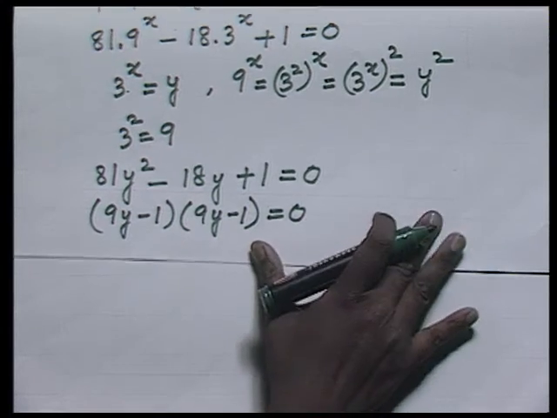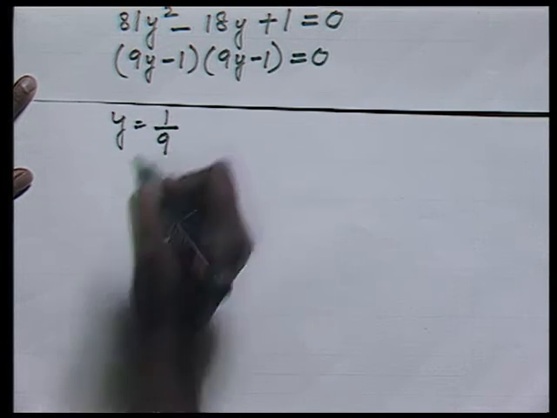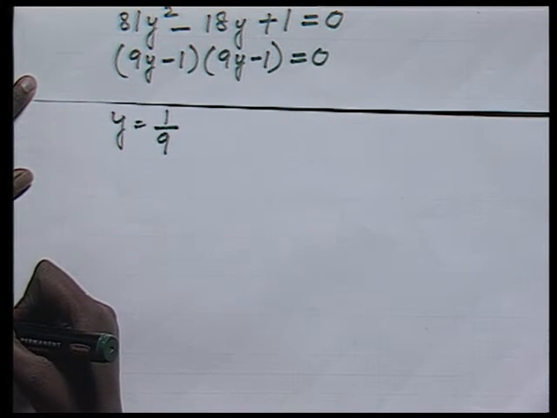So, in this case we get real and equal roots, namely y is equal to 1 upon 9. But again we want the solution in terms of x, because the equation given to us was in terms of x.